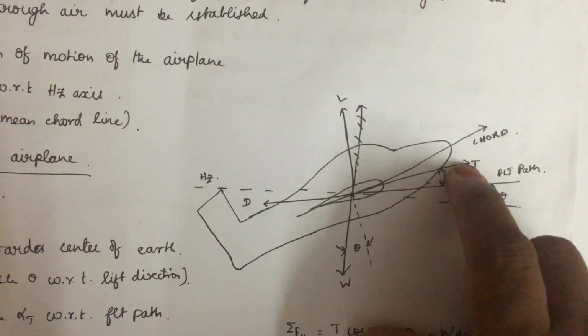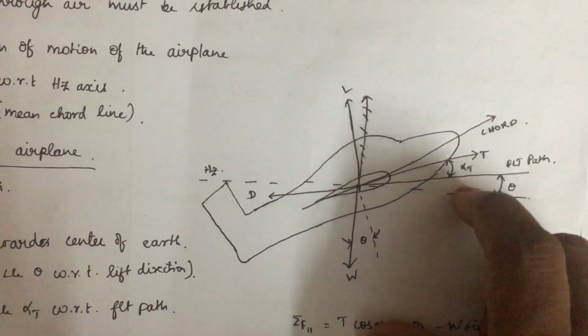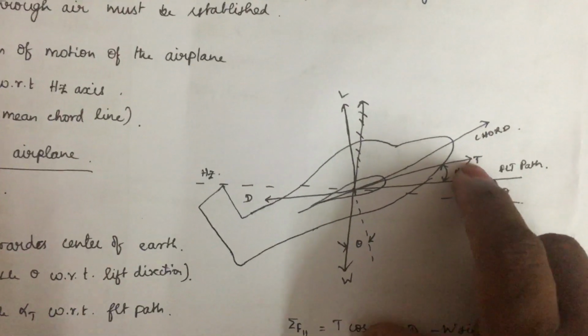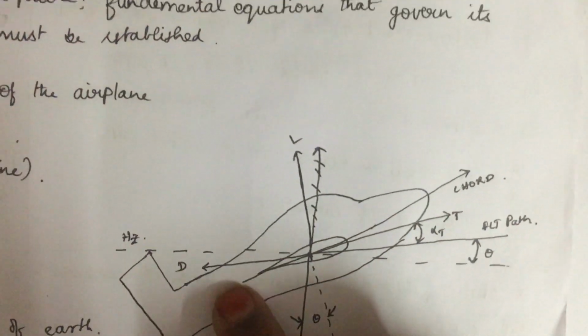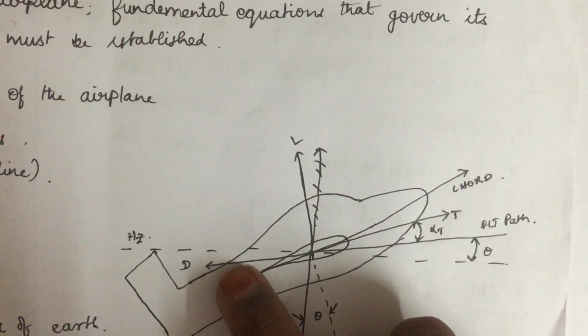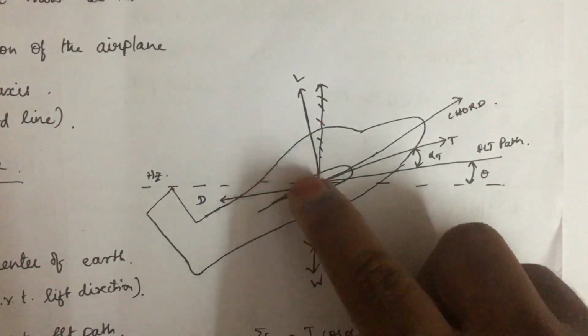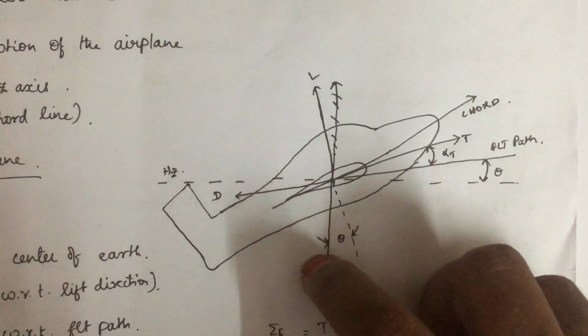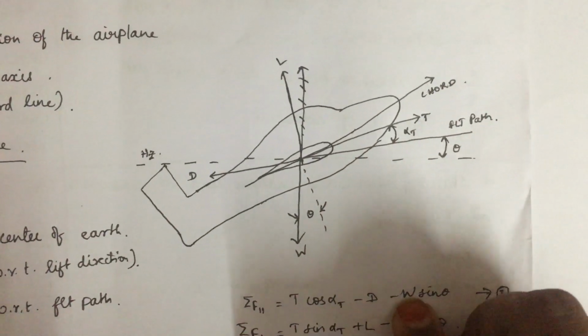So my first equation, the summation of forces acting parallel, is T cos alpha T. D is in my negative direction, so it becomes minus D, and W is also acting in the negative direction, so negative W sin theta.